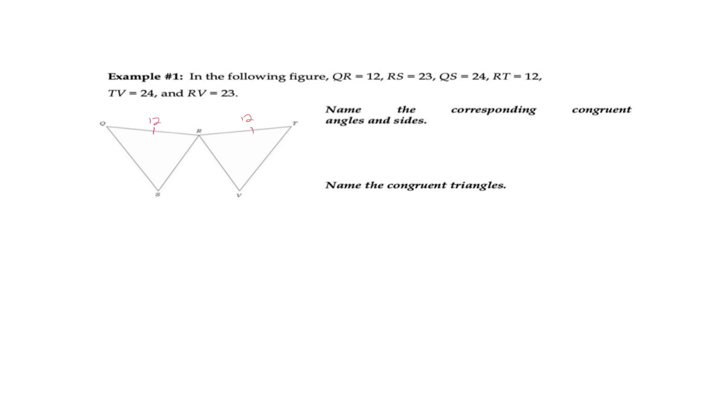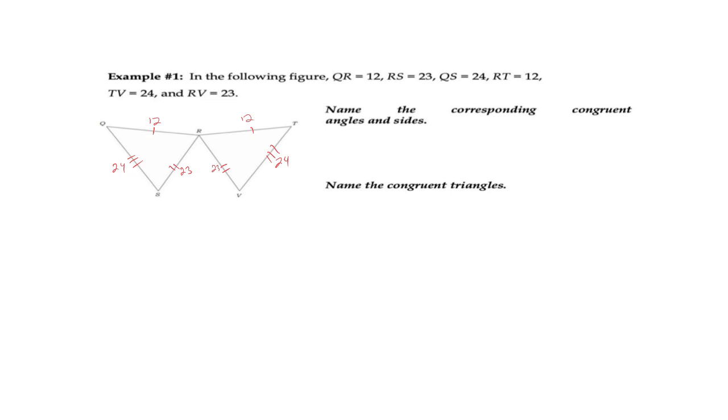So we know these are congruent to each other. We're also given RS is 23 and RV is 23. So these are congruent to each other. And then last one, QS is 24, which is congruent to TV, which is also 24.